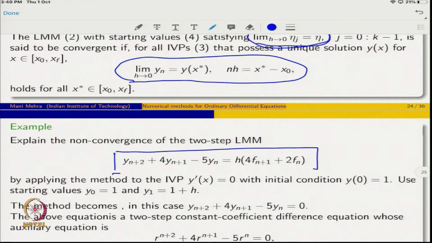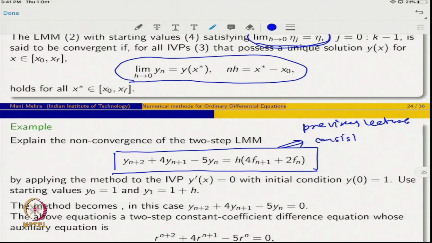If you recall your previous lecture, you can observe that for the same example we have proved that this method is consistent. We have proved in the previous lecture that it is an example of a consistent difference scheme.